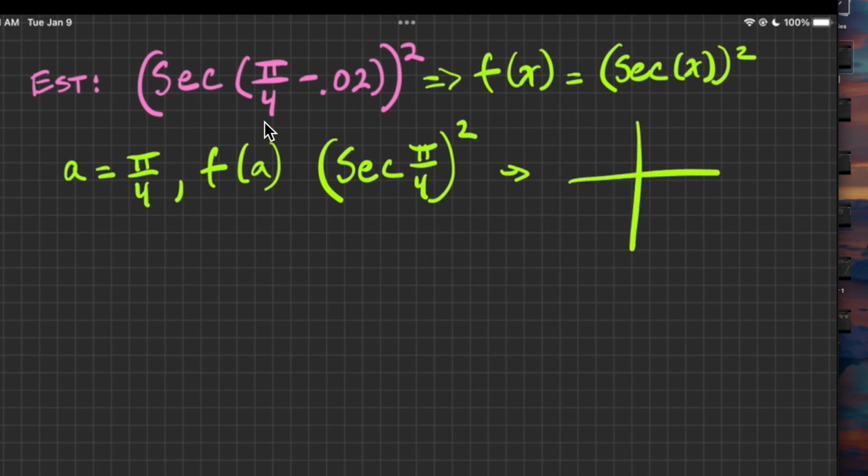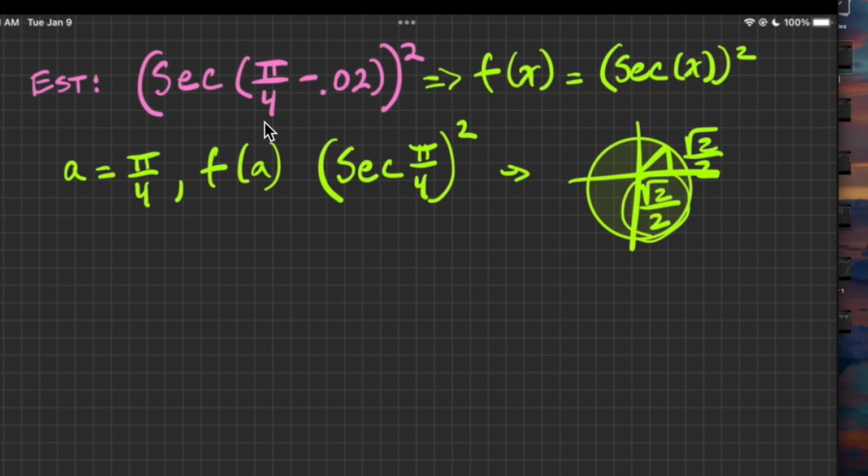We go to the unit circle. We're going to look at pi over 4 again. We saw that earlier in the video. Pi over 4 is going to have an x coordinate and a y coordinate of square root of 2 over 2. The secant is the reciprocal of the cosine. Here's your cosine value.